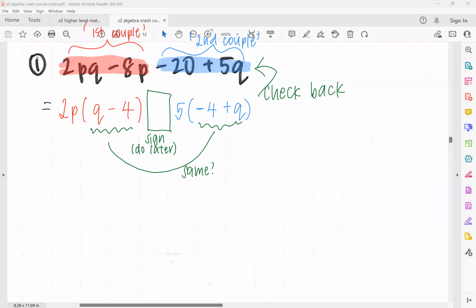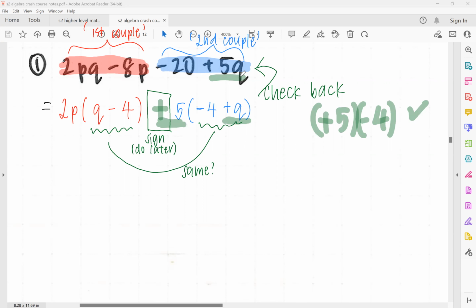Clear so far? So, ask yourself, what 5 times -4 will give me -20? Positive or -5? Positive. So +5 times -4, does it give me -20? Yes, correct. Check again. +5 with positive q, does it give me +5q?